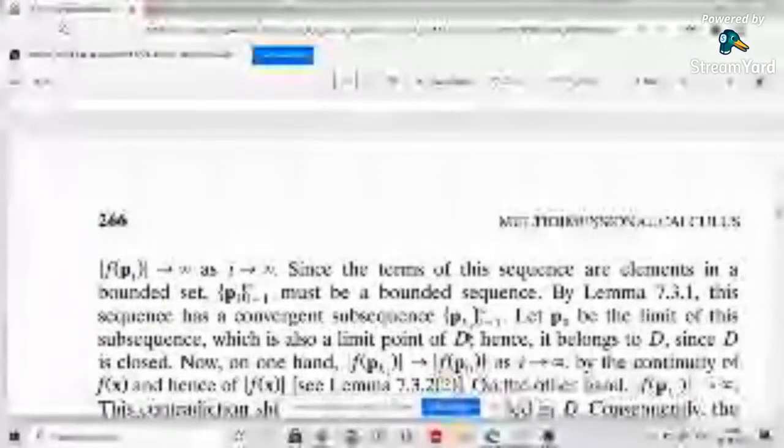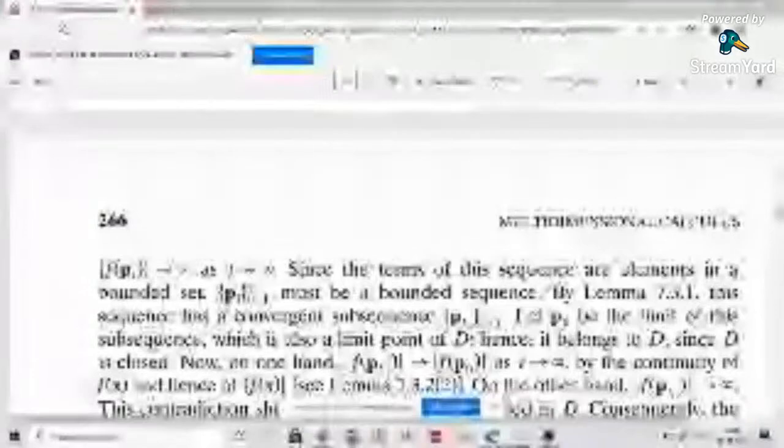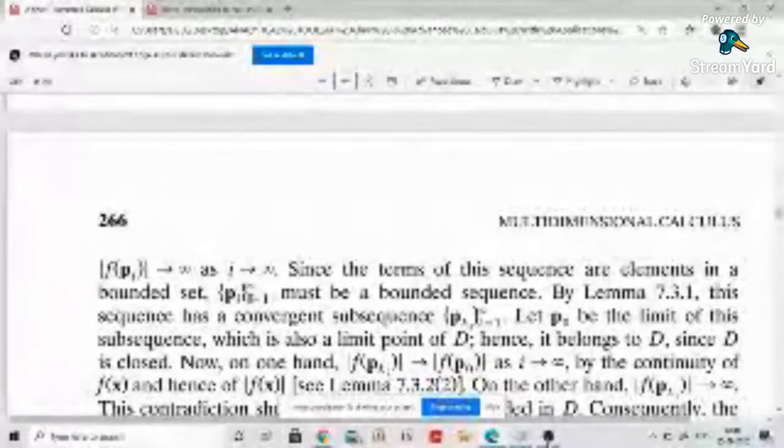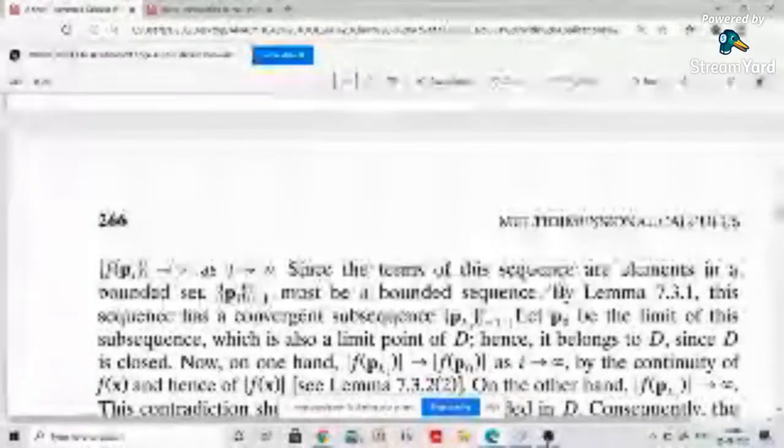Somewhere in this book, there is a theorem that every bounded sequence has a convergent subsequence. Let it be P_ki, i from 1 to infinity. We used that result that every bounded sequence has a convergent subsequence. So since the sequence Pi is bounded, it must have a subsequence in such a way that the subsequence is convergent.